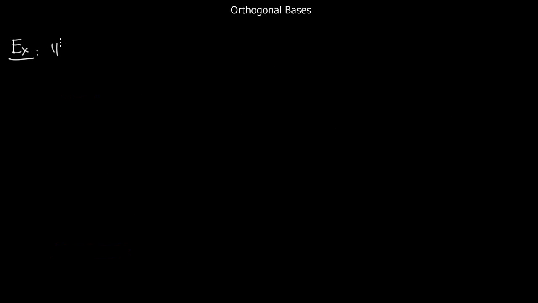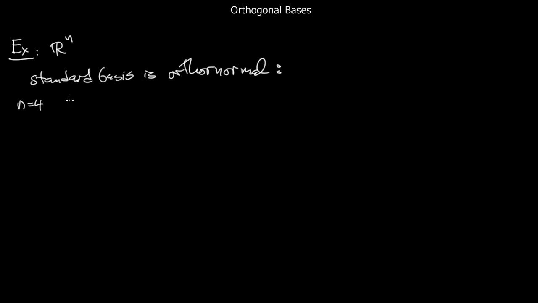Okay, well, let's write down an example. The standard basis in Rn is orthonormal. So let's see, what does that mean? So the standard basis, for example, if n is equal to 4, let's write it down.